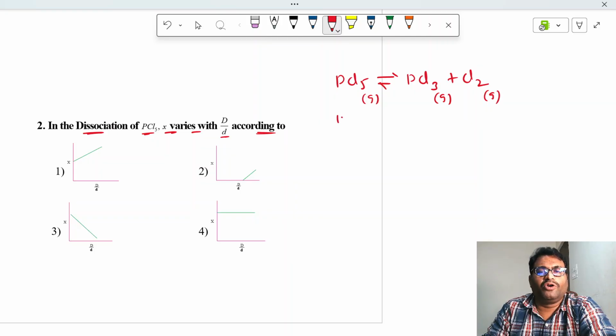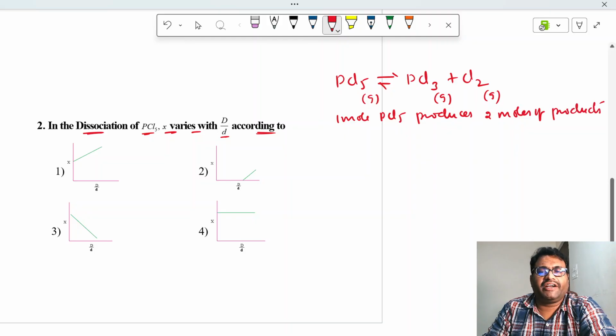So 1 mole of PCl5 produces 2 moles of products. Then what can I write? n is equal to 2. So D/d and x, the graph.